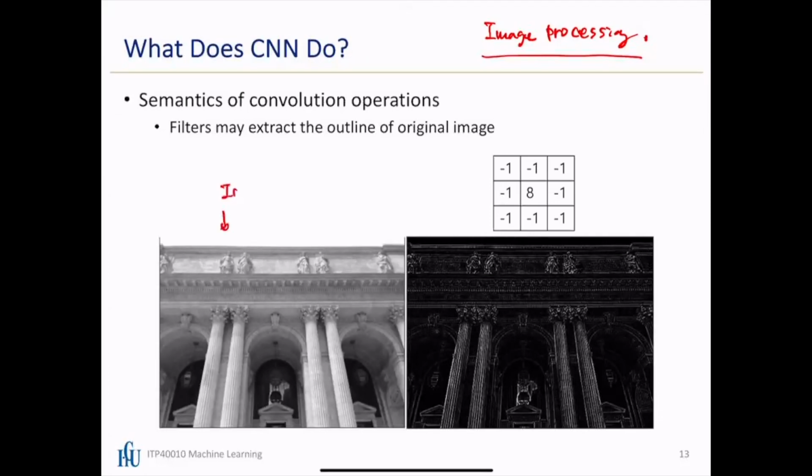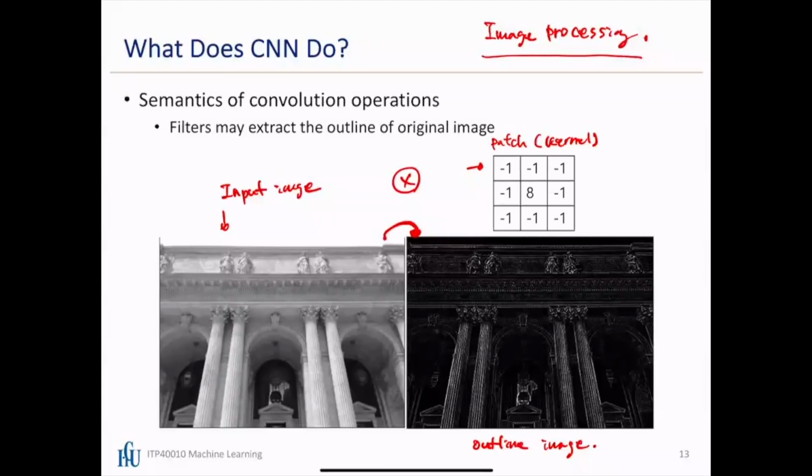Here is your input image, and you want to get the outline of the image. Getting the outline looks complicated, but it's very simple in terms of matrix operation, because if you have this kind of patch or kernel, and you convolve this on the input image, you will get the outline of the input image.